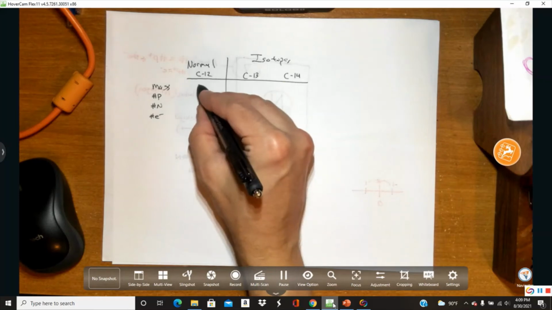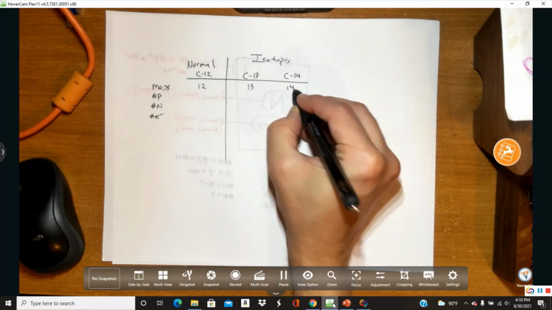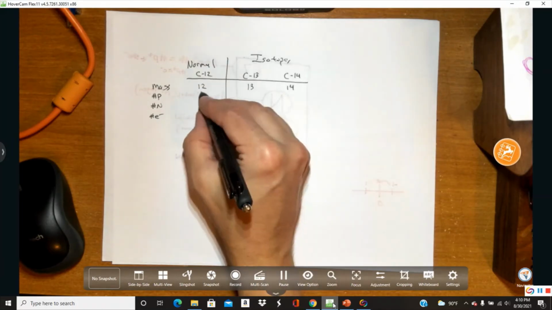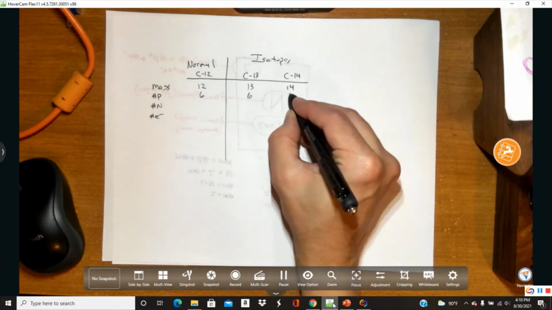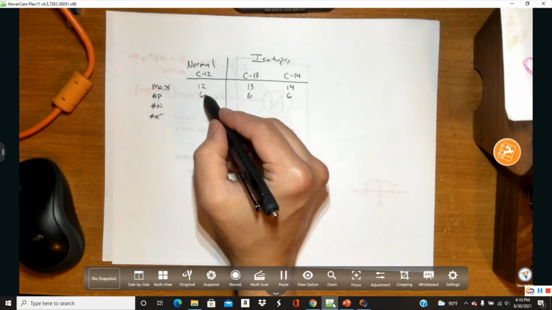Now, the mass is the number we see here. We all know carbon should always have 6 protons in a normal element. 6 is the number of protons based on what we saw here.